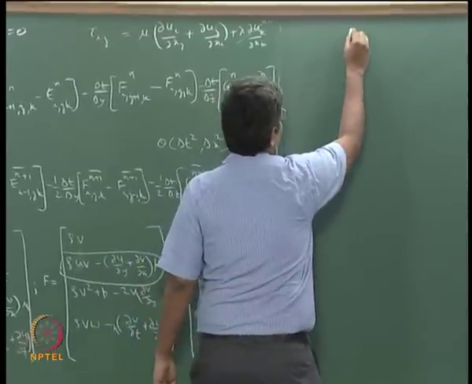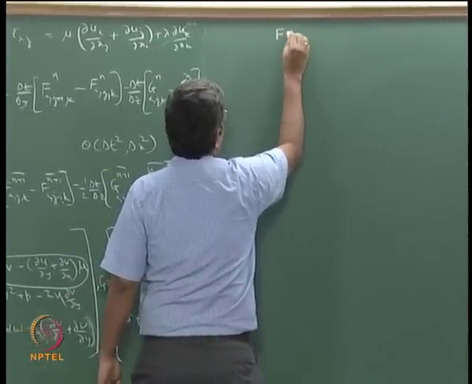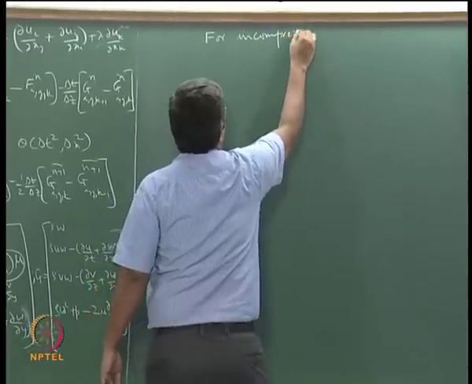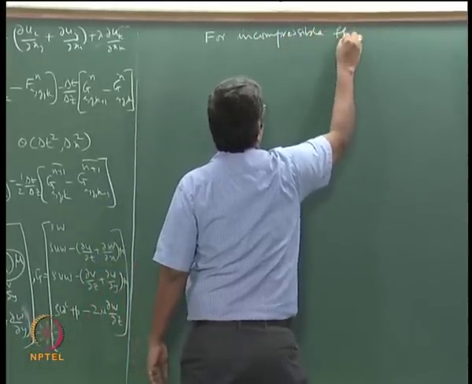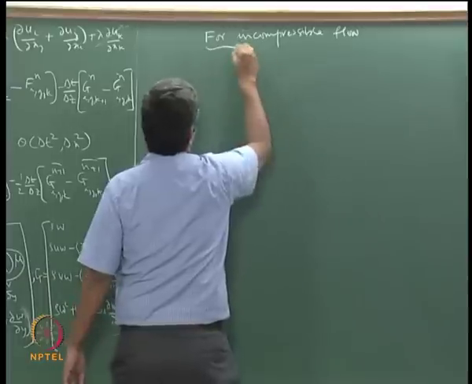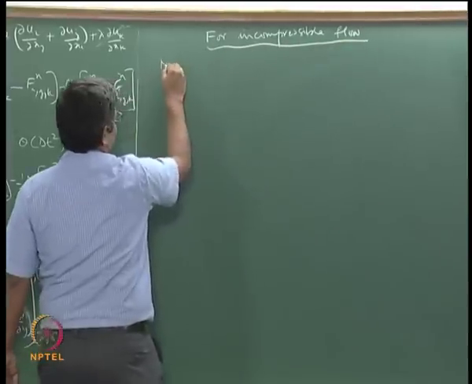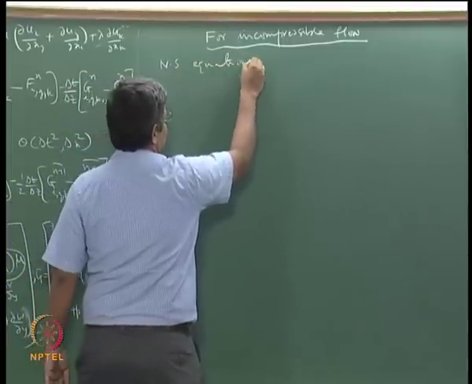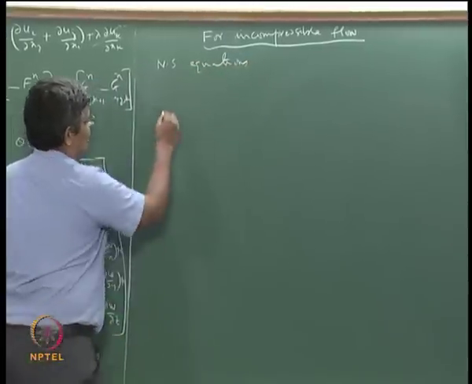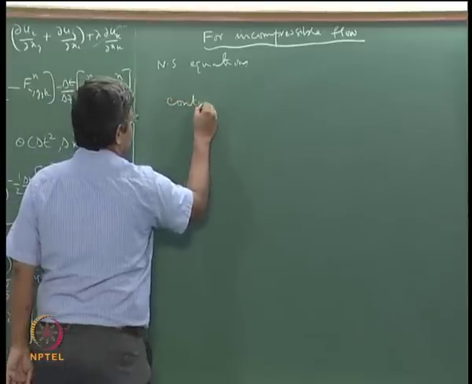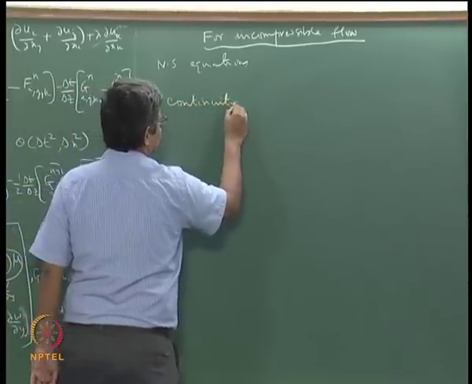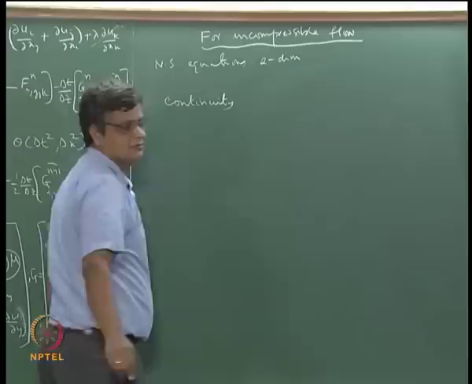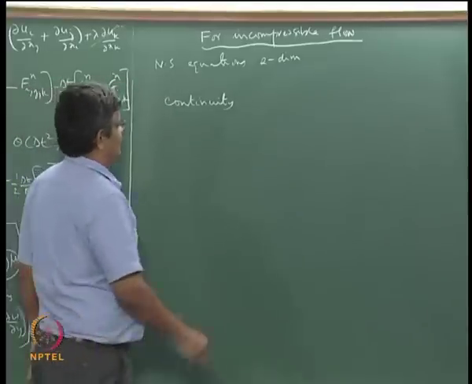We know that for incompressible flow the Navier-Stokes equations become like this. Let us say that we are dealing with two-dimensional flow, so as to make the equations a bit smaller.